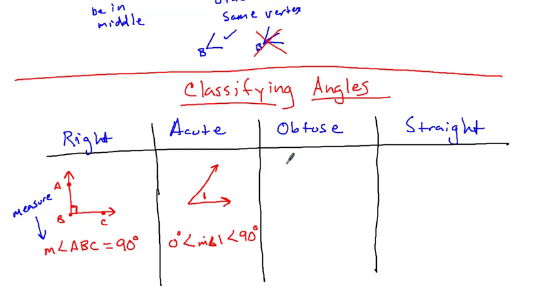Okay, an obtuse angle. You know what it looks like. It's a big, fat, wide angle. So we'll have J, K, L. And you know that it's between 90 degrees and 180 degrees.